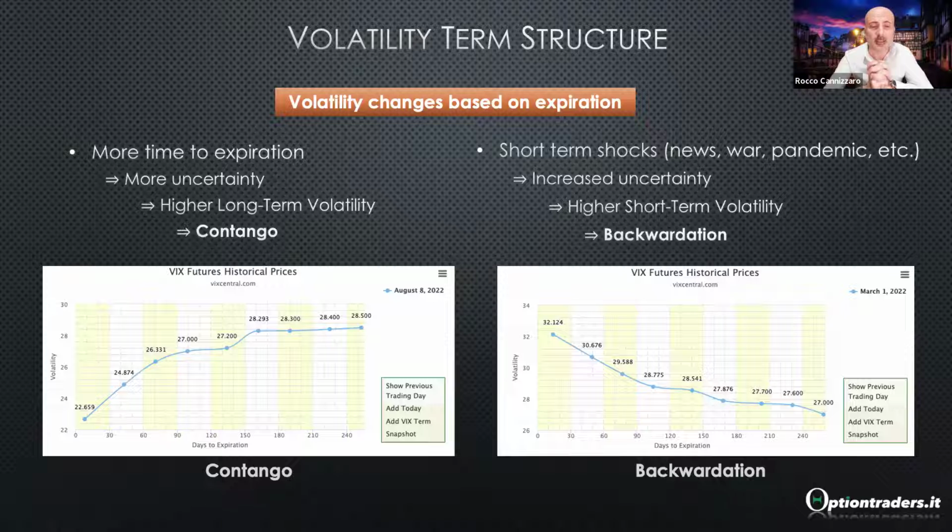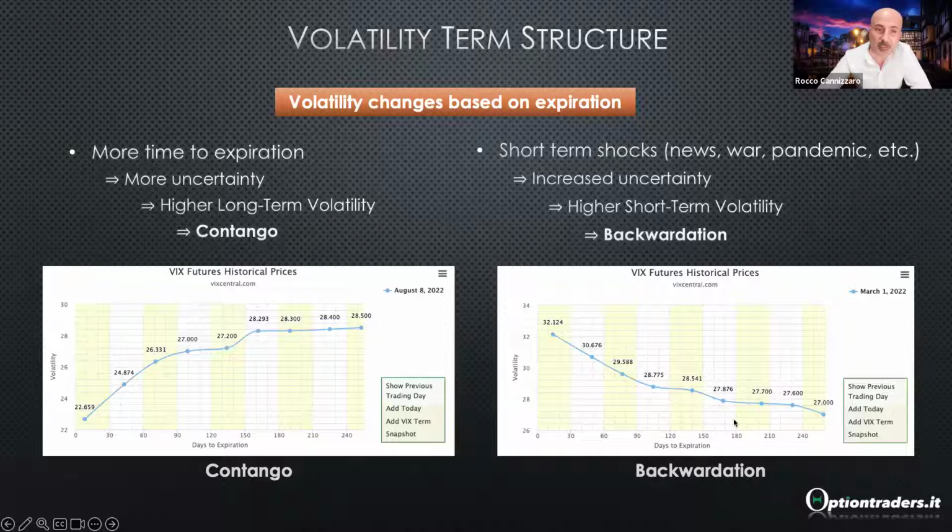Well, the best way is to look at the term structure, and look at areas at different expirations where the short-term expiration has a higher volatility than the longer-term expiration. So essentially, we're looking for portions of the curve which are in backwardation.